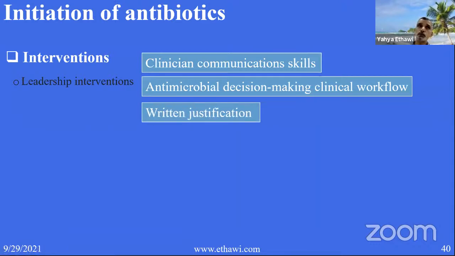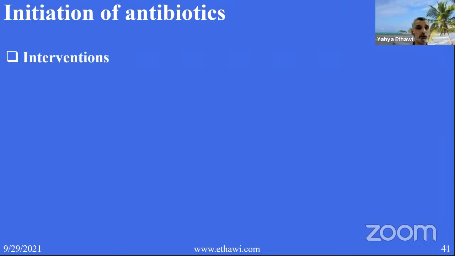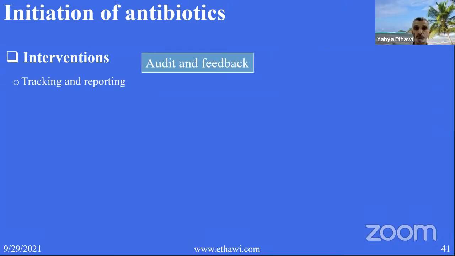If we enforce written justification for why you're giving the antibiotics, what is the diagnosis, what is the dose for that diagnosis, what is the bacteria for that diagnosis, then you will also limit the use of antibiotics. The other intervention is called tracking and reporting.